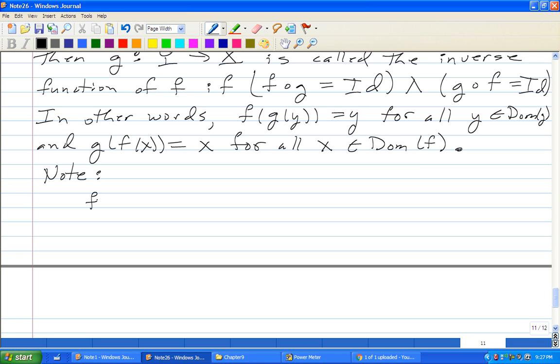F inverse is not 1 over F. 1 over F is the multiplicative inverse. However, F inverse, these are not the same. And so the inverse function is not the same as the multiplicative reciprocal. And so if you want the multiplicative reciprocal, you have to put parentheses around that.